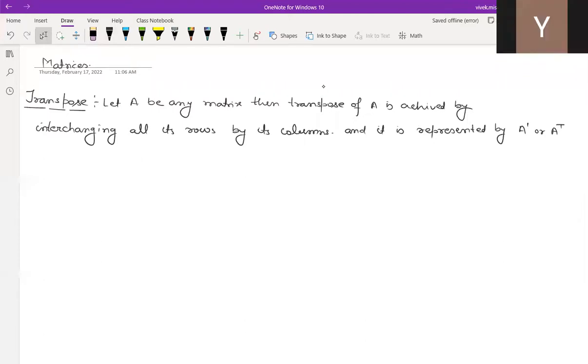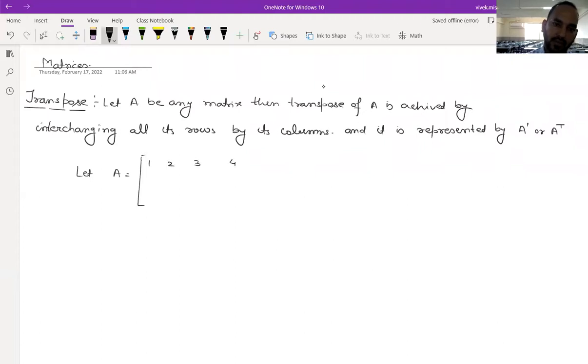Yes, sir. Okay. So let A is 1, 2, 3, 4, 5, 6, 7, 8, 9, 10, 11, 12. If A is this, and I want to find out A transpose, so all the rows I'm making column.